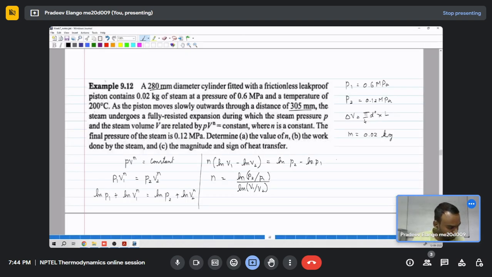So v1 is 0.3521 meter cube per kilogram, and mass is given as 0.02. So V1 is m into v1, that is 0.02 into 0.3521. Can you calculate V1?